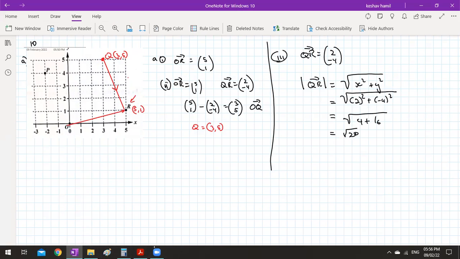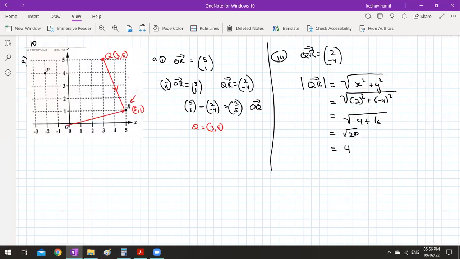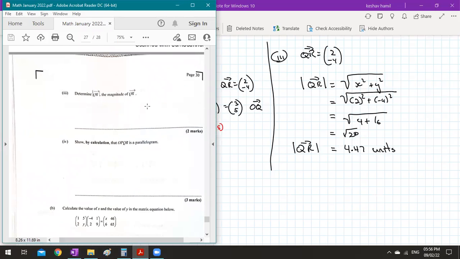And you use your calculator to get it exact: 4.47 units, because we don't know the centimeters or what. So the magnitude of QR is 4.47 units. In other words, the magnitude is the distance between the 2 points, right?